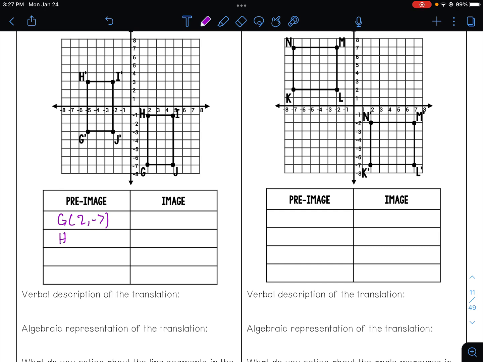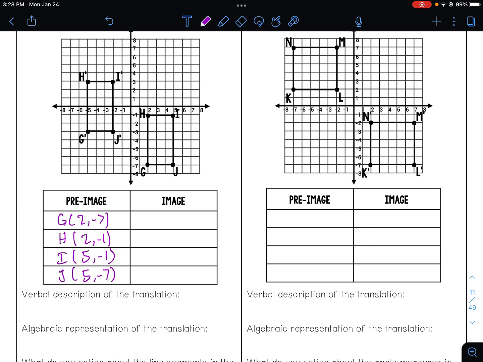G, H, I, J. H is 2, -1. I is 5, -1. And J is, let's see, 5, -7.